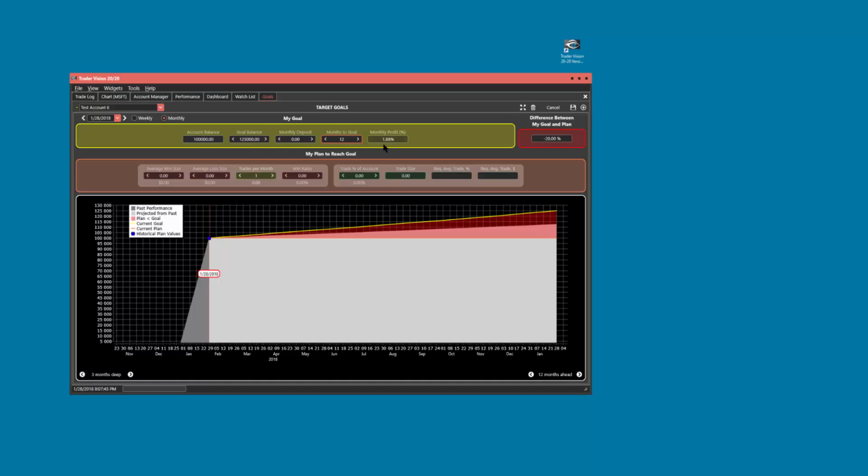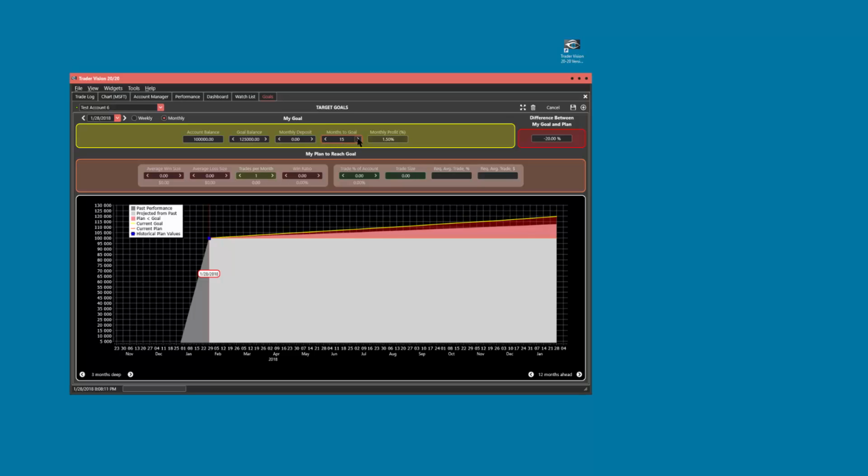Like I said, I would start with a moderately experienced trader, something like 25% per year. If you can achieve that for a period of 2 or 3 months, you can always replan and set a new set of goals that stretches you even further. If this 25% seems too much for you, you can either reduce the goal balance or give yourself more time to reach it.